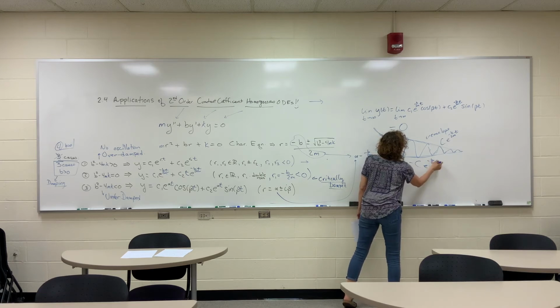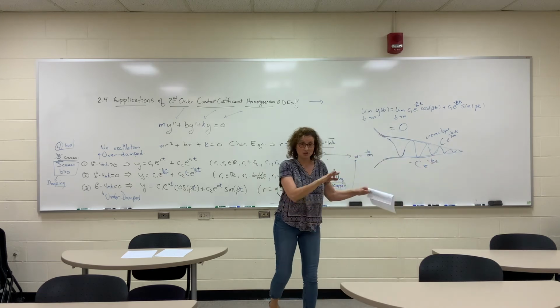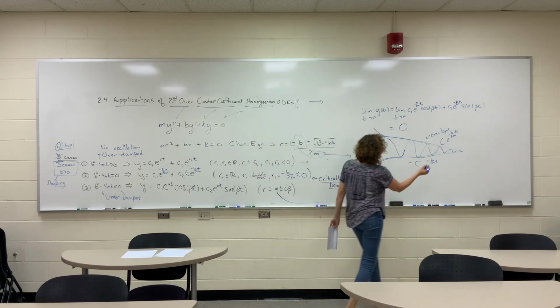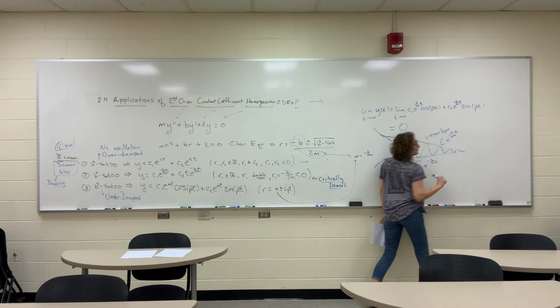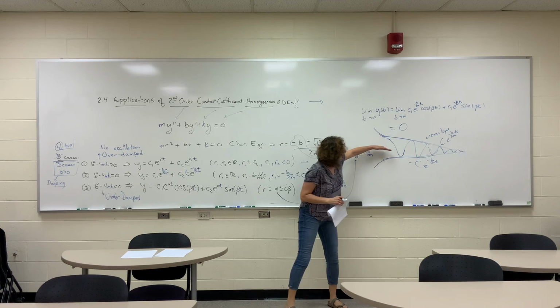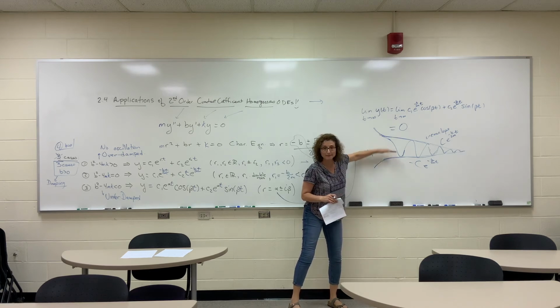So that gives you at any time t just how far away things can move before they eventually head to equilibrium. What I'm graphing here is displacement from your equilibrium. Like this was equilibrium.